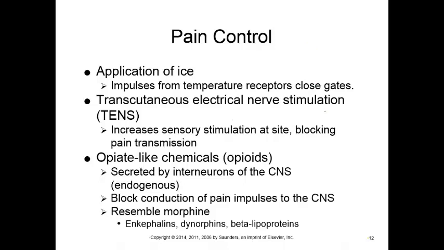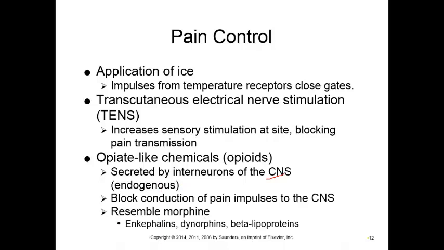Transcutaneous electrical nerve stimulation. This is where they put a little thing that shocks that area, and it actually will block the pain transmission. And then you can have other chemicals, opioids, and some of them are actually made by the CNS, which is the central nervous system, and they're endogenous, they actually come from our own central nervous system, and they can block it.